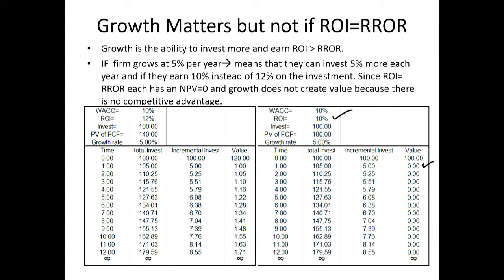Okay, so if they invest 5% more each year, if they earn 10% instead of 12% on the investment, since the return on investment is equal to the required rate of return, each new investment has a zero NPV, and growth does not create value today because there's no competitive advantage. Even if I grow, I'm not creating value today because I'm not accruing any positive NPV projects in the future.